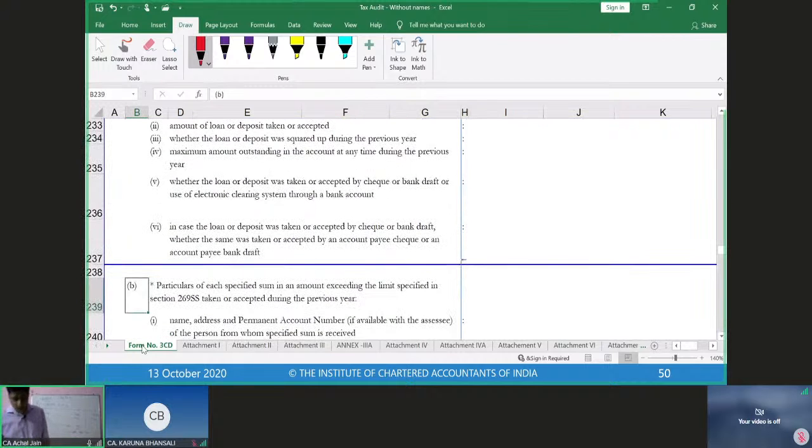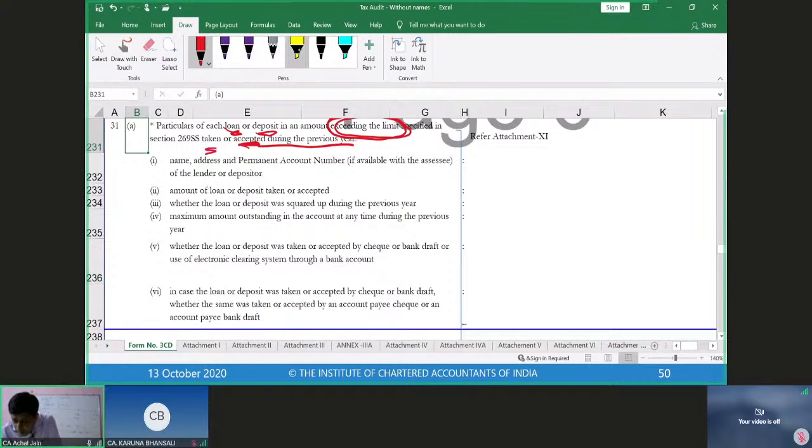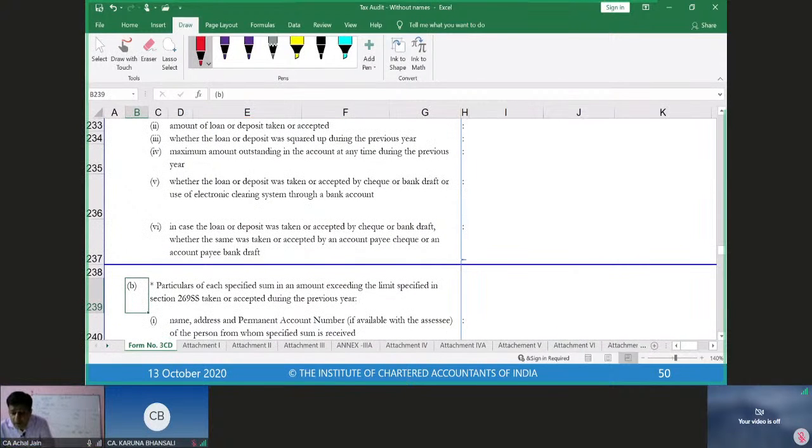So in the first clause, if you'll see, it says particulars of each loan or deposit. And now in 31B, it says particulars of each specified sum.